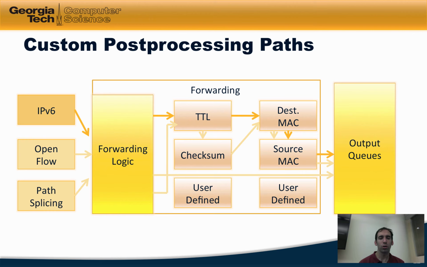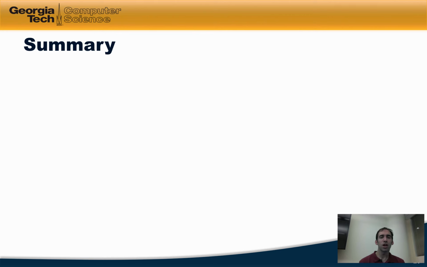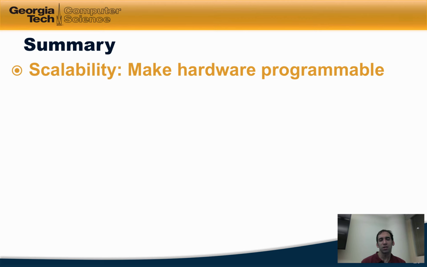Other custom protocols, like path splicing, might also be passed through a custom set of post-processing modules that are selected from the pre-synthesized modules.